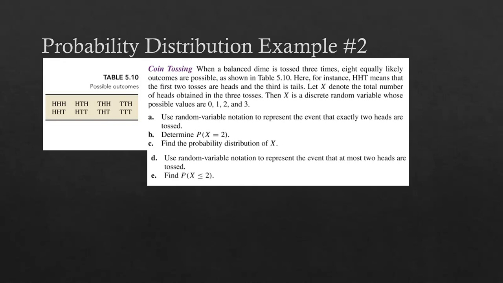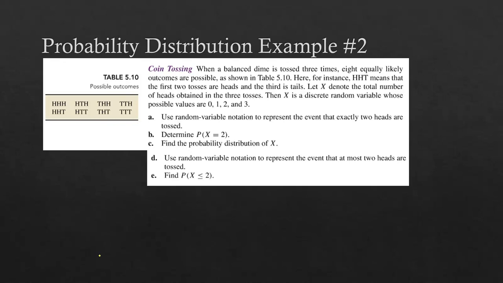All right, well, let's look at another example. Letter A. When a balanced dime is tossed 3 times, 8 equally likely outcomes are possible, and I've got them over here in table 5.10.